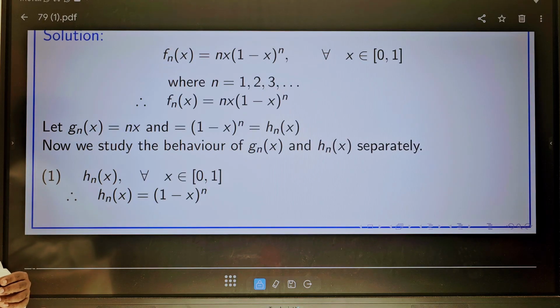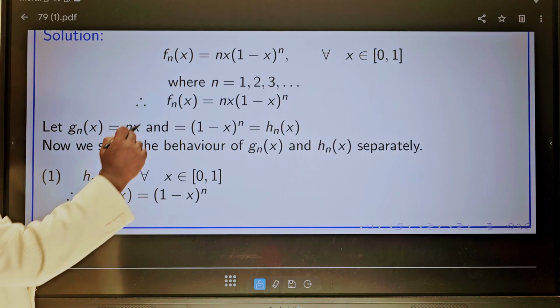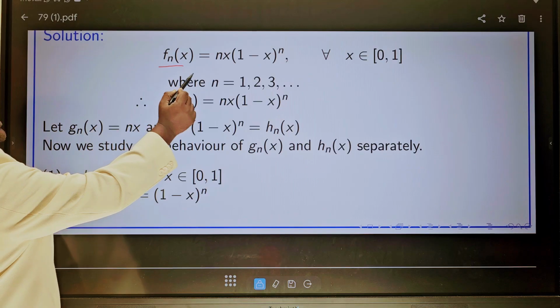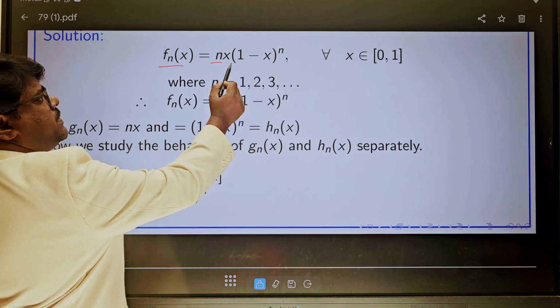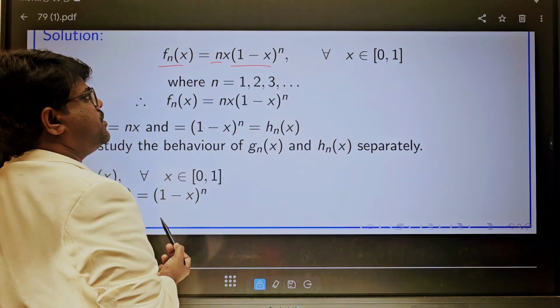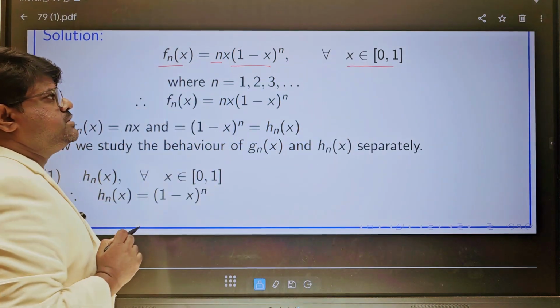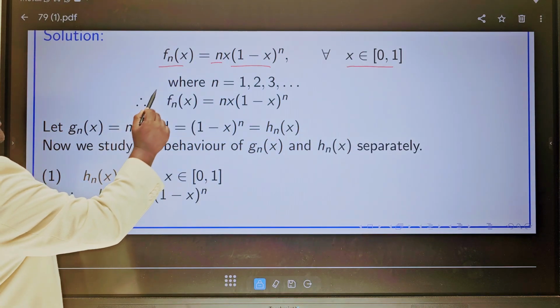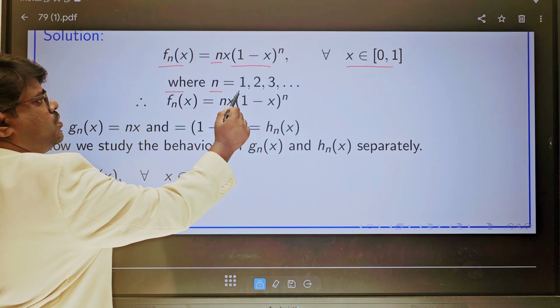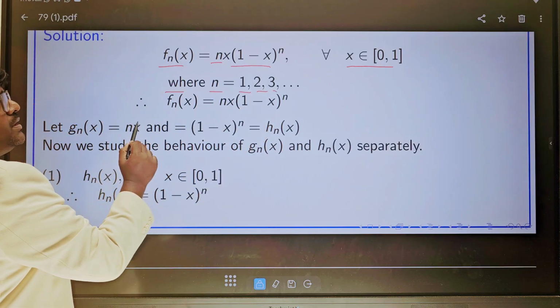First write down whatever is given: fn of x equals n x times (1 minus x) to the power of n in the closed interval 0, 1, where n equals 1, 2, 3.